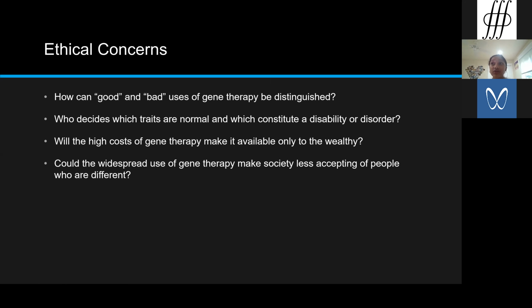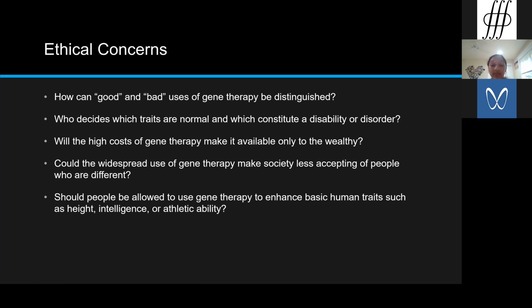And this also relates to societal problems, right? Because if people are getting gene therapy to correct things that they don't like about themselves, does that mean that eventually it's going to end up in a very robotic society, right? Because everyone's going to be the same, changing parts of themselves that they don't like, to be more accepted in society.